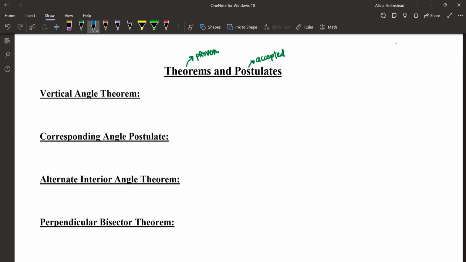This is if two angles are vertical angles, then they are congruent.